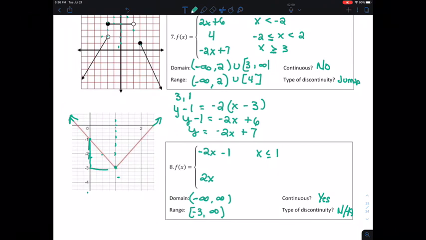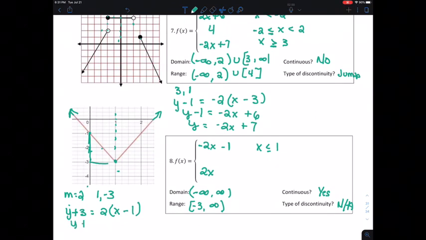This point is 1, -3. And so my slope is 2. So I have y plus 3 is equal to 2 times x minus 1. So I have y plus 3 is equal to 2x minus 2.